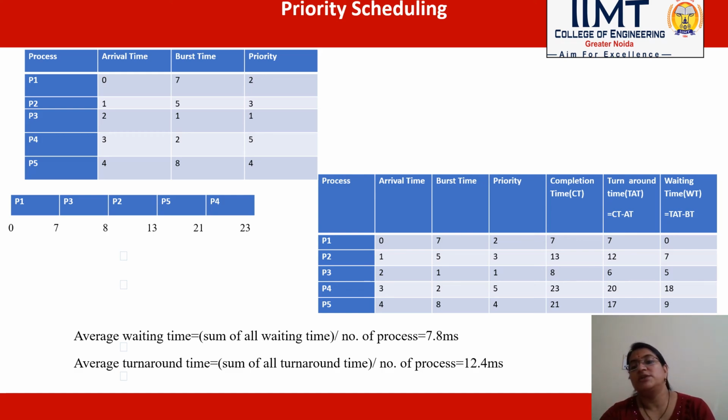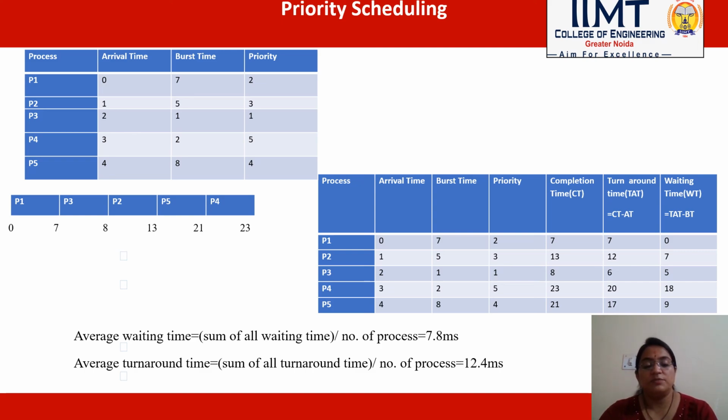We can also calculate turnaround time using the formula completion time minus arrival time, and waiting time using the formula turnaround time minus burst time. The turnaround times of the processes are 7, 12, 6, 20, 17, and the waiting times are 0, 7, 5, 18, and 9.